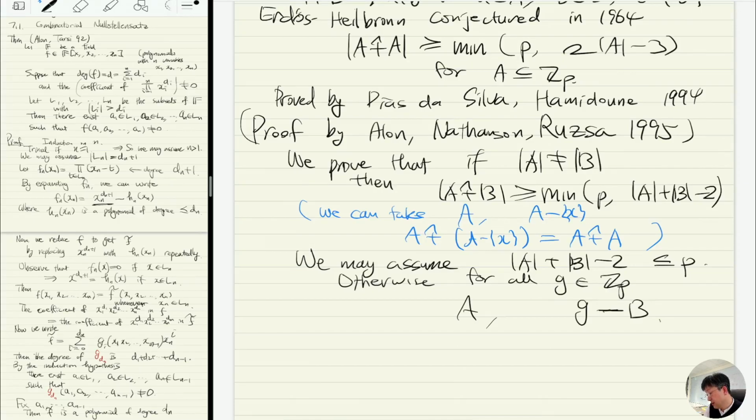How can they interact? If the size of A plus the size of B is bigger than p plus 3, then you're going to have at least 2 pairs.